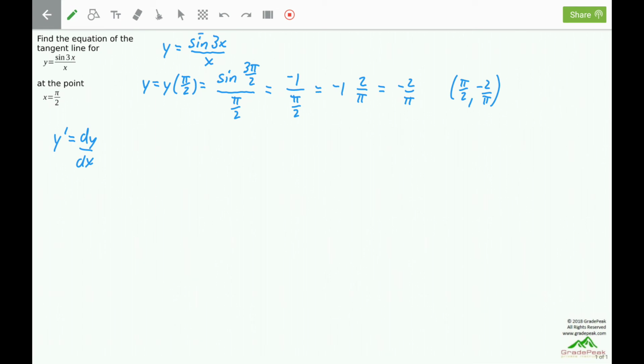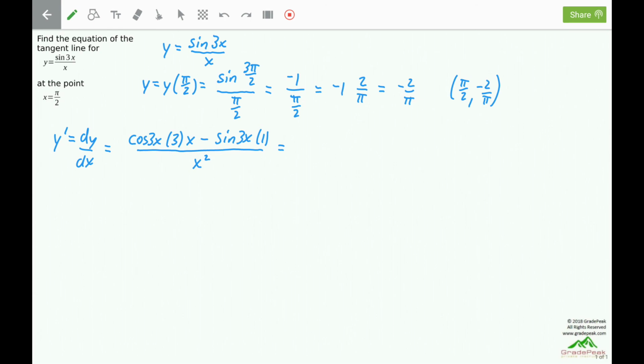In this case we have a quotient of functions for y, so using the quotient rule, the derivative of the numerator, that'll be a cosine of 3x multiplied by the derivative of the inside, which will be a 3 to complete the chain rule, times the denominator left alone, minus the numerator left alone, sine of 3x, times the derivative of the denominator, which is a 1, and the entire thing divided by the denominator squared.